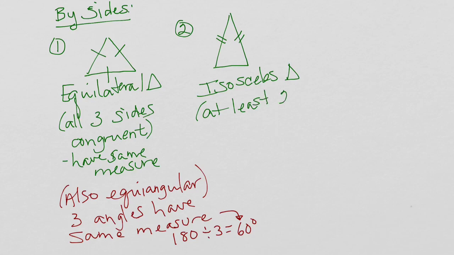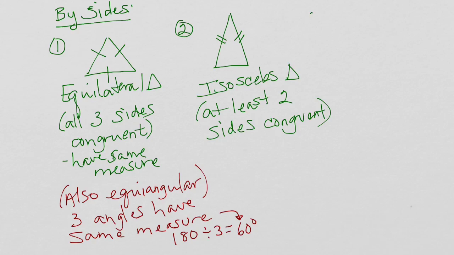At least two sides equal. So by definition, or congruent I should say, because that's the geometry term for equal measure. If you looked at an equilateral triangle, you could call it isosceles, but that would not be the best name for it. If it has three equal sides, you should call it an equilateral triangle. If it has only two, then you can call it isosceles.